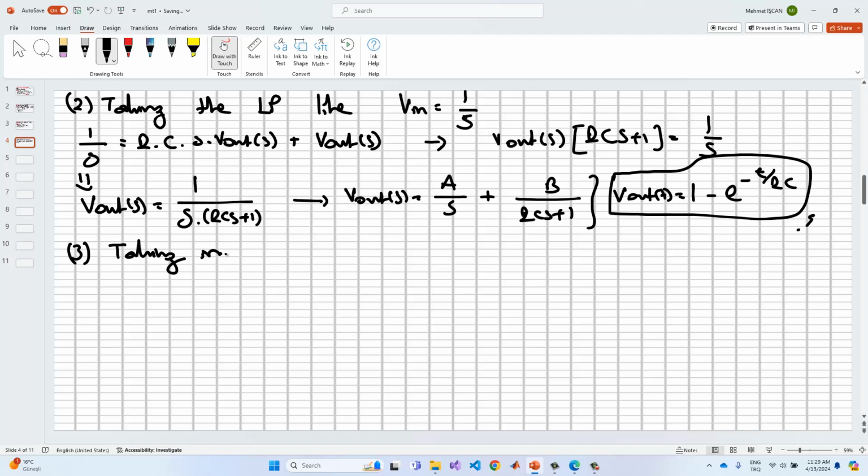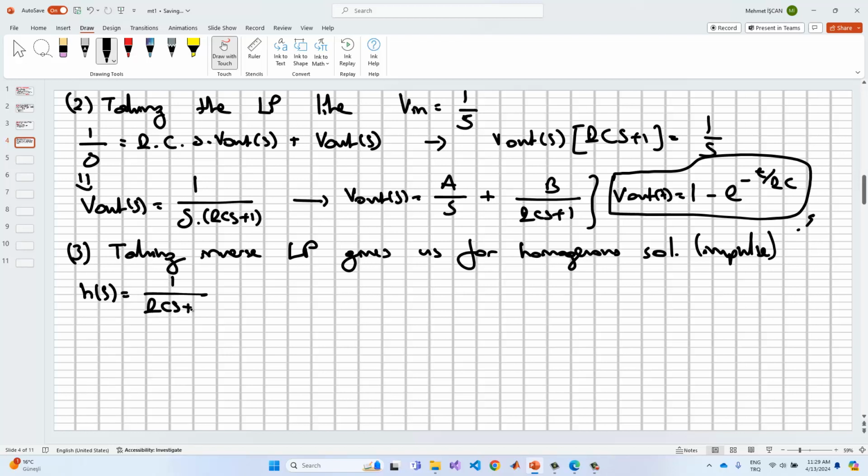Instead, taking the inverse Laplace transform gives us the homogeneous solution, or the impulse response of this system, which can be calculated with what? H(s) equals 1 divided by RCS plus 1. Okay? We do not apply the 1 divided by S in here.